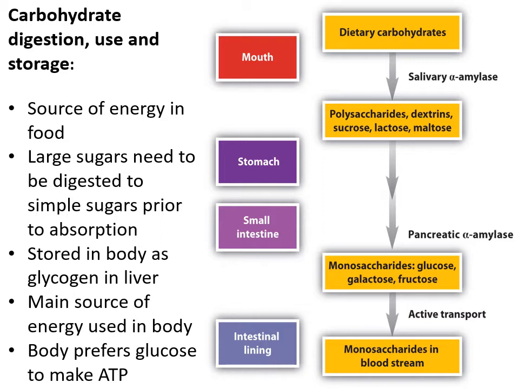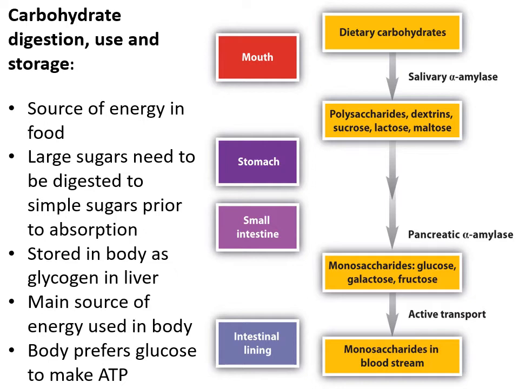So that by the time the carbohydrates arrive in the stomach, they're already partially digested into polysaccharides, which are still chains of sugars, but not as large, and then much smaller carbohydrates and sugars such as sucrose, lactose, and maltose. And those are just sugars with two sugars attached, right? So sucrose, lactose, and maltose can easily be broken down in the small intestine.